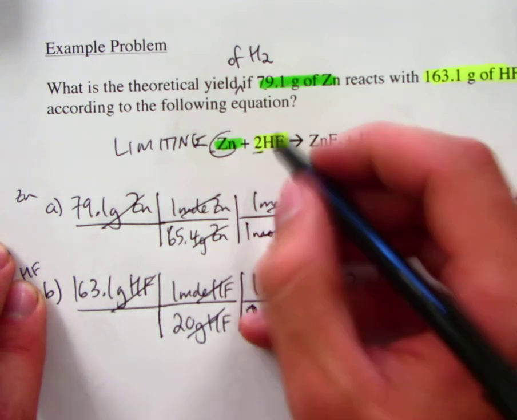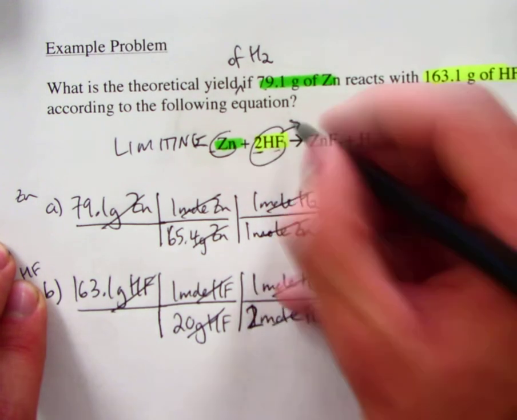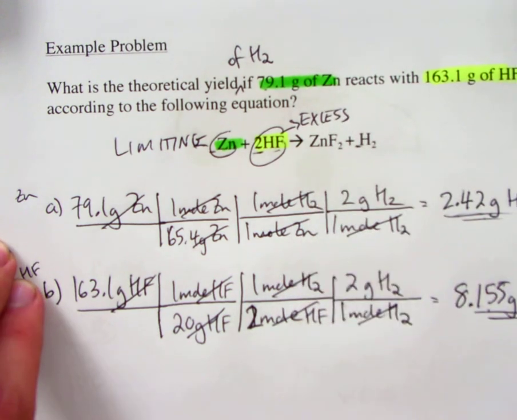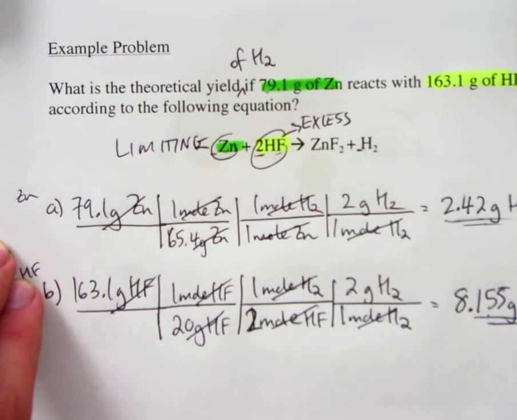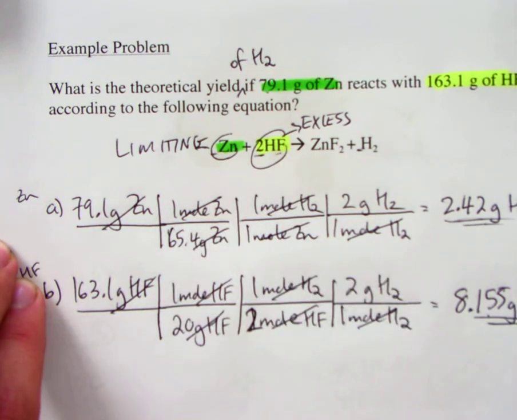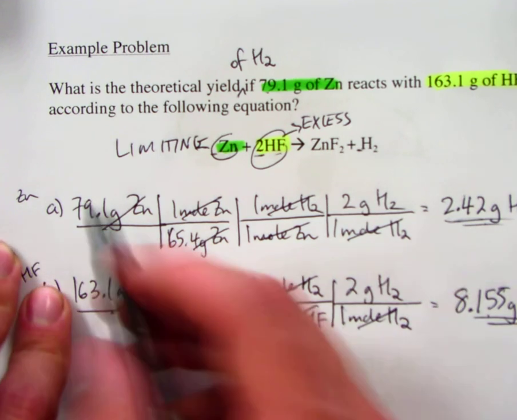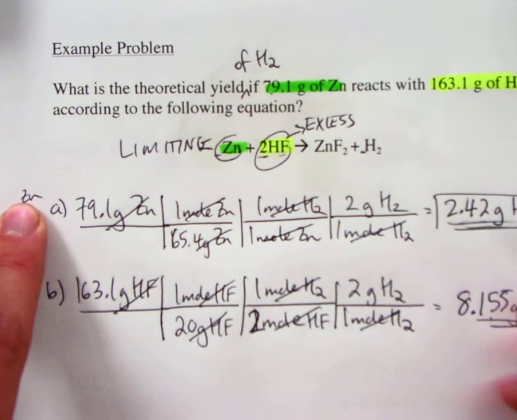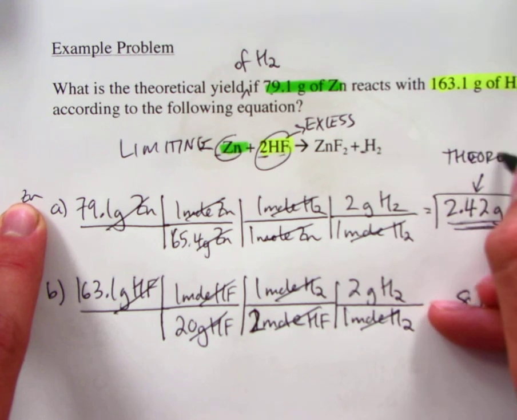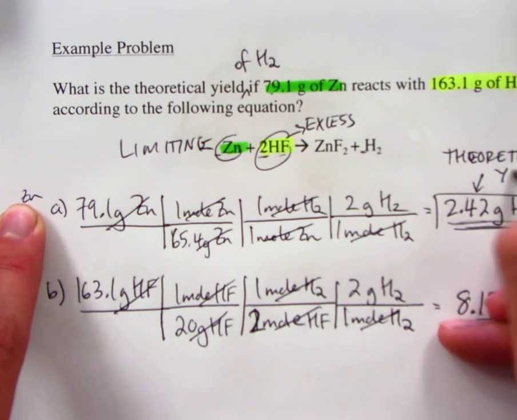On the other hand, HF is going to be my excess reactant. I'm going to have leftover HF after this reaction goes because all of the zinc is going to get used up before all the HF gets used up. And then since zinc is my limiting reactant, the 2.42 grams of H2 is going to be my theoretical yield.